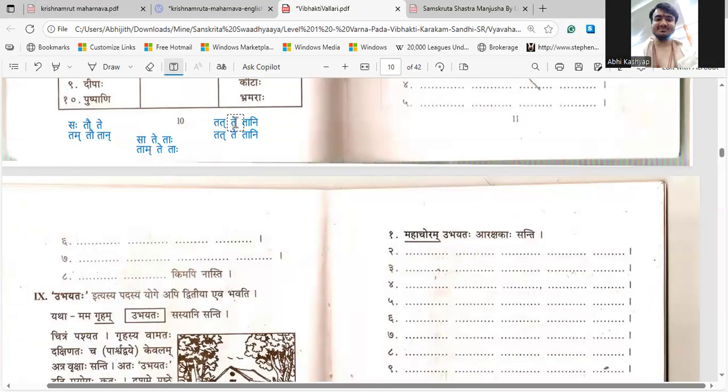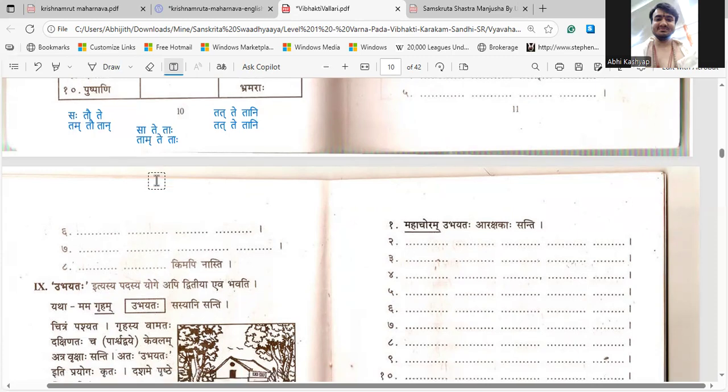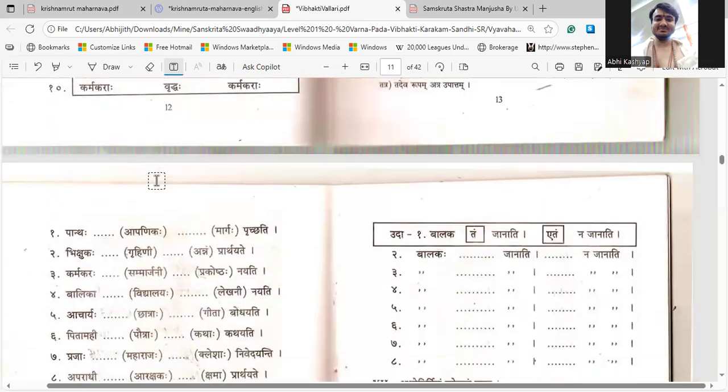If what he doesn't know is in Pullinga plural, then it is going to be te to tan. Tan na janati, which is Bahuvachana, in Pullinga.